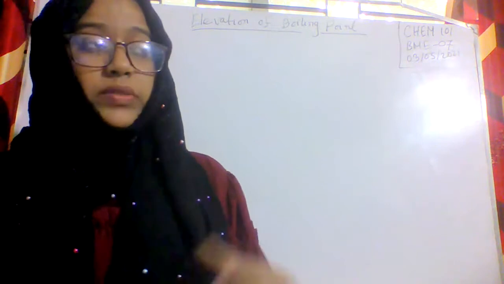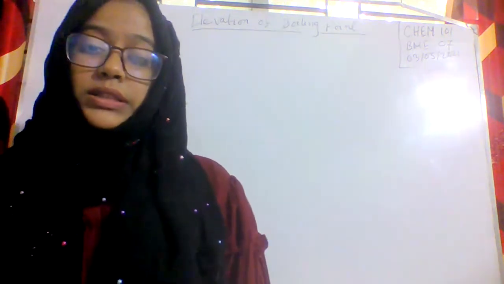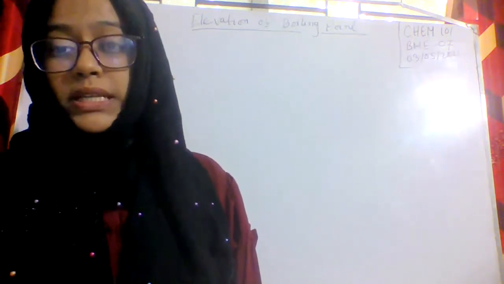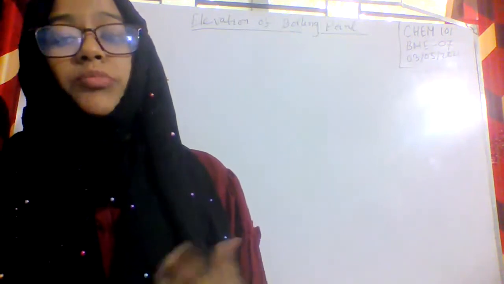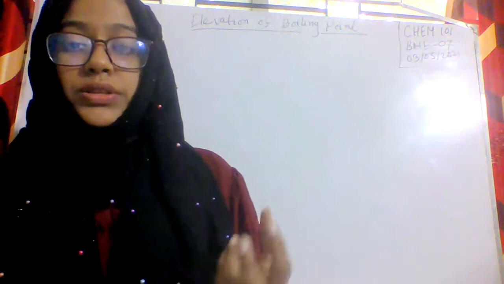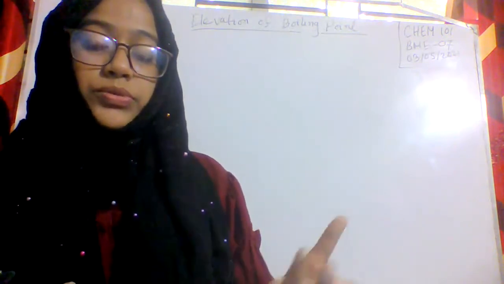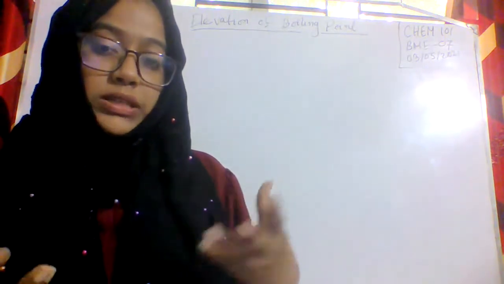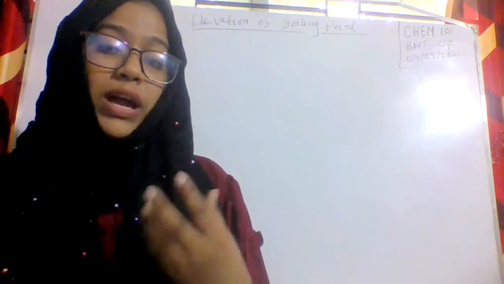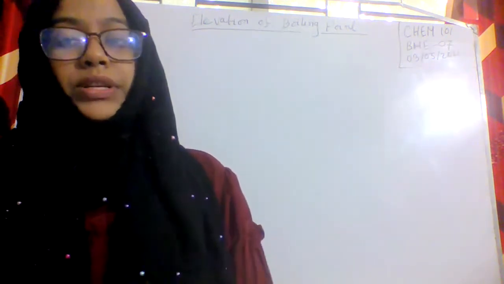So if I take water, it will boil at 100°C. But if we add some non-volatile solute, then it will not boil at 100°C, because the solute will not let the solvent become so volatile. So we have to raise the temperature and the boiling point will be increased.